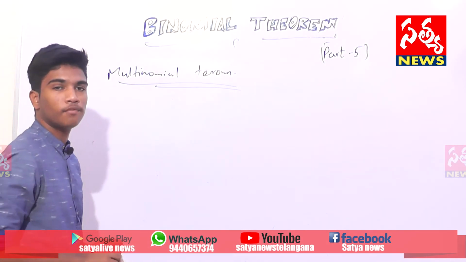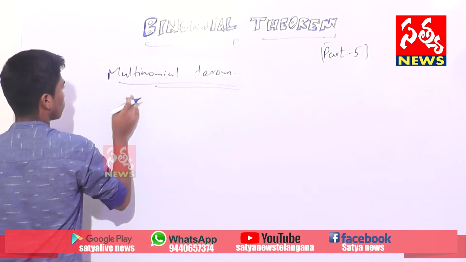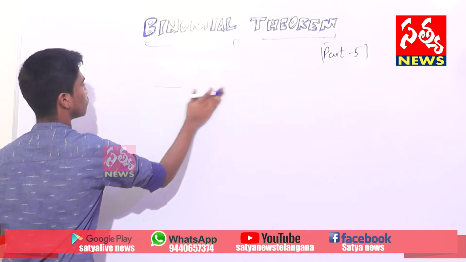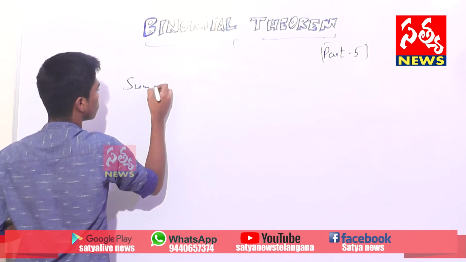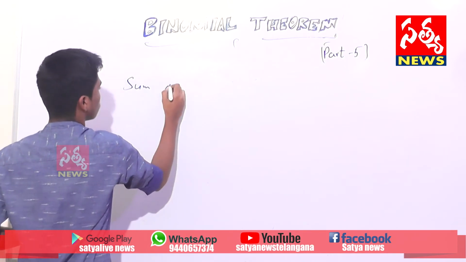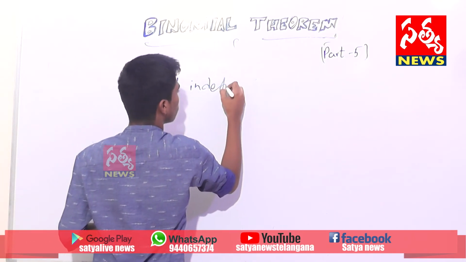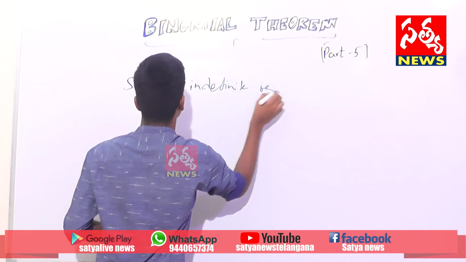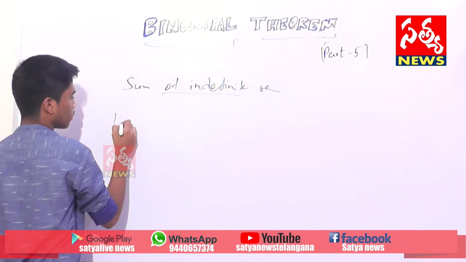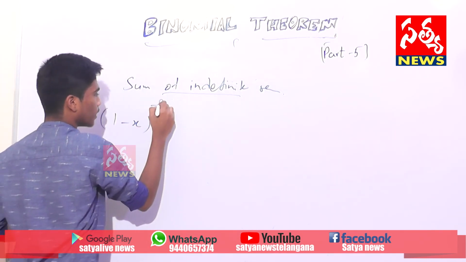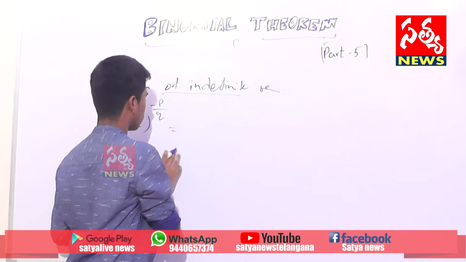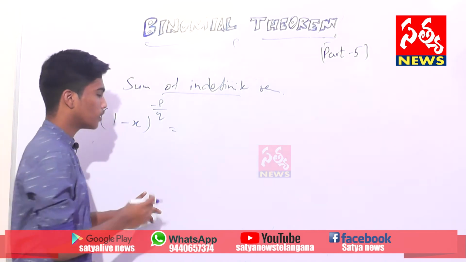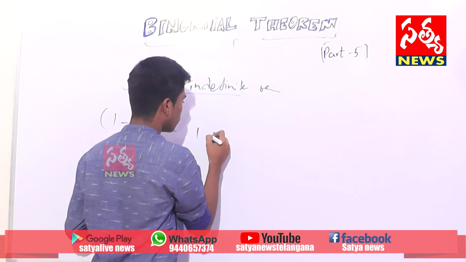There are two formulas left over, which are for the sum of indefinite series: 1 minus x whole power minus p by q. How to expand these kinds of expressions? Just remember the formula, it is easy.